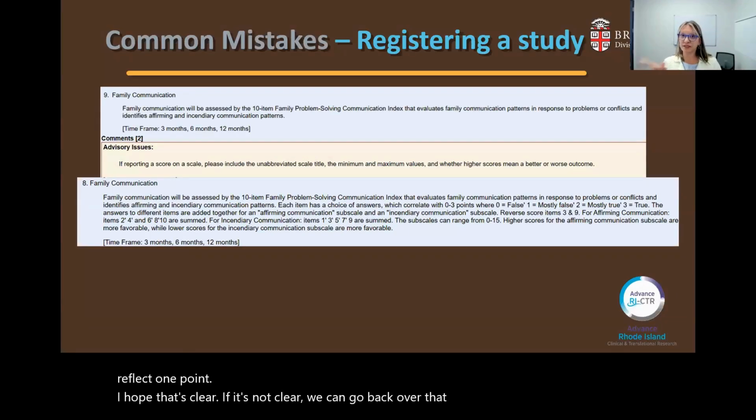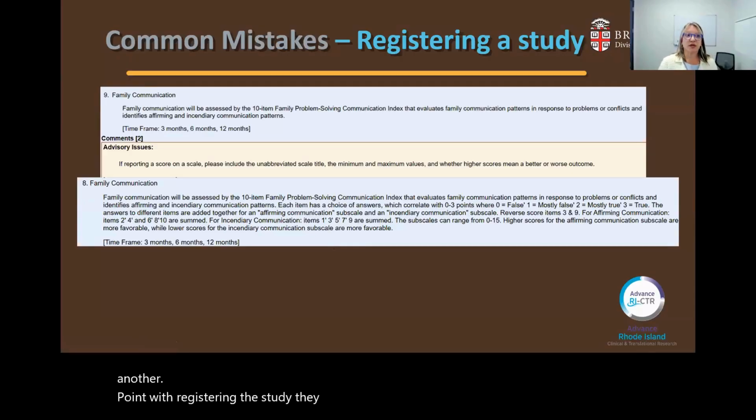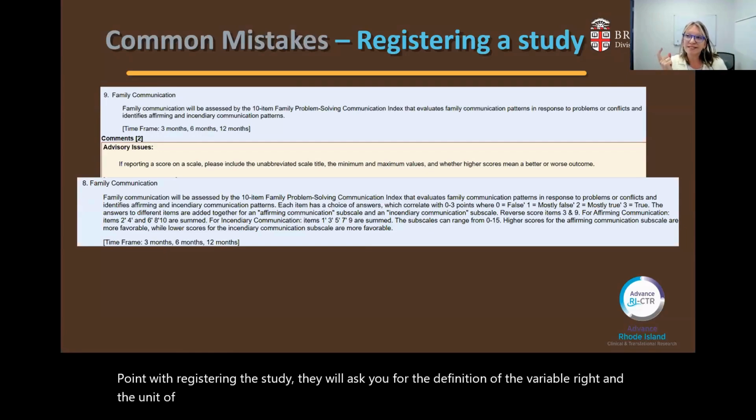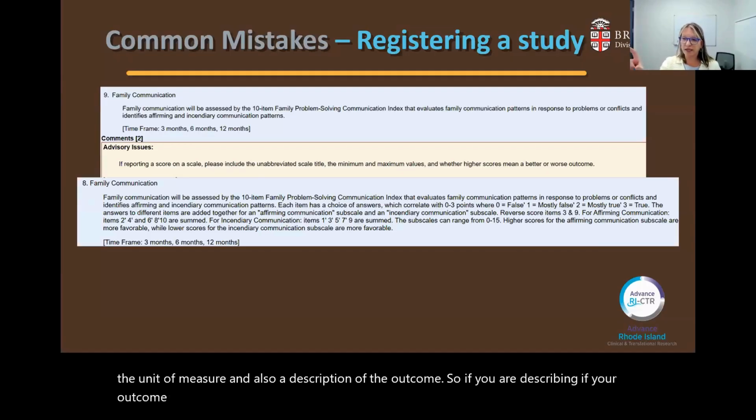Another example, and this is another point with registering the study. They will ask you for the definition of the variable, and the unit of measure, and also a description of the outcome. So if your outcome is a score, a scale, give them the ranges.